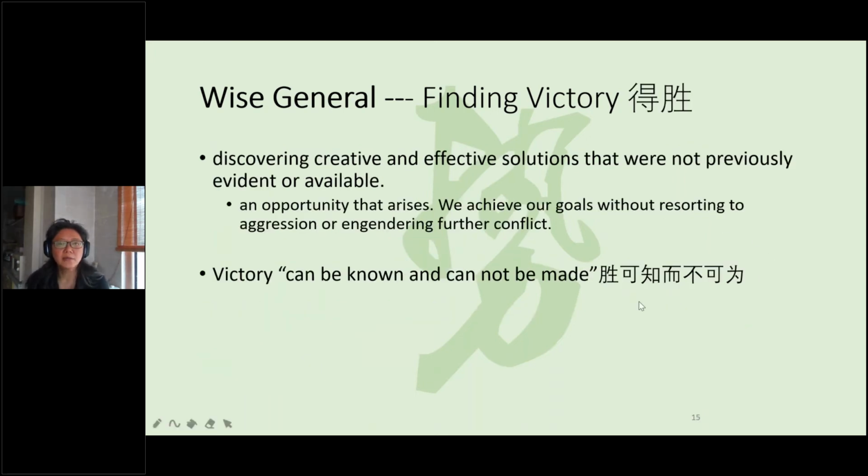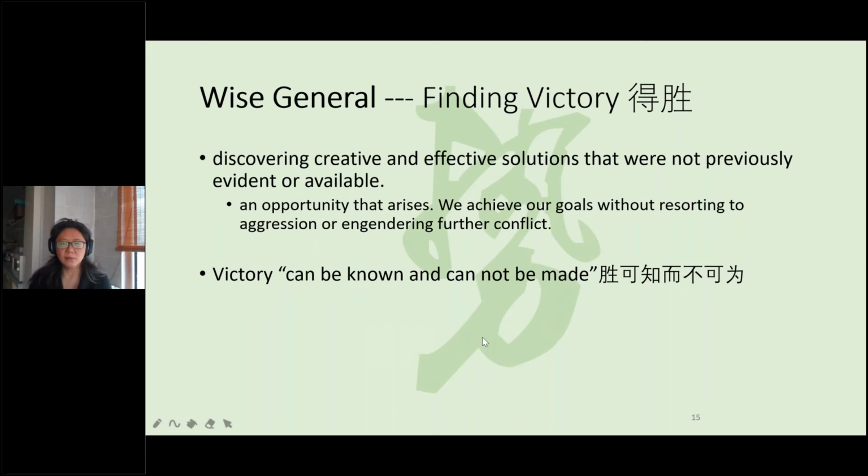So what finding victory is really about is discovering creative and effective solutions that were not previously evident or available. That's when opportunities arrive. But these opportunities do not arise from nowhere. They come from the previous hard work we've done through knowing and employing shi, so that we can achieve our goals without resorting to aggression or engendering further conflict.